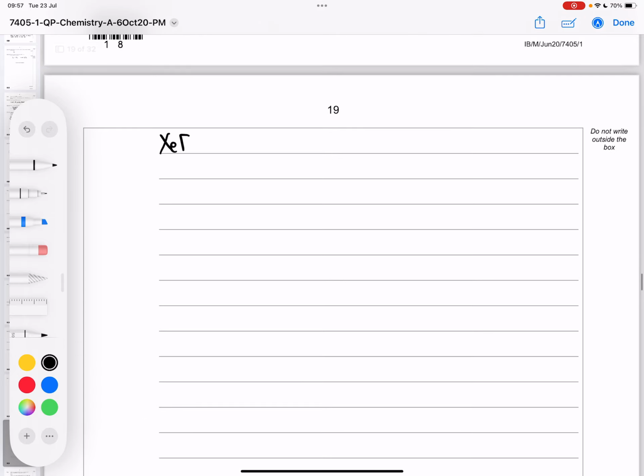But we need to remember that XeF4 is a much larger molecule than PF3.